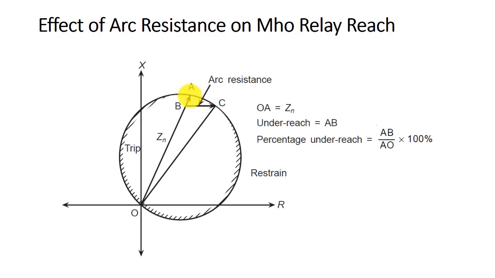In fact, the setting is here, OA. OA is not Zn, it is in fact Zn cos of theta minus tau. OC is your Zn.